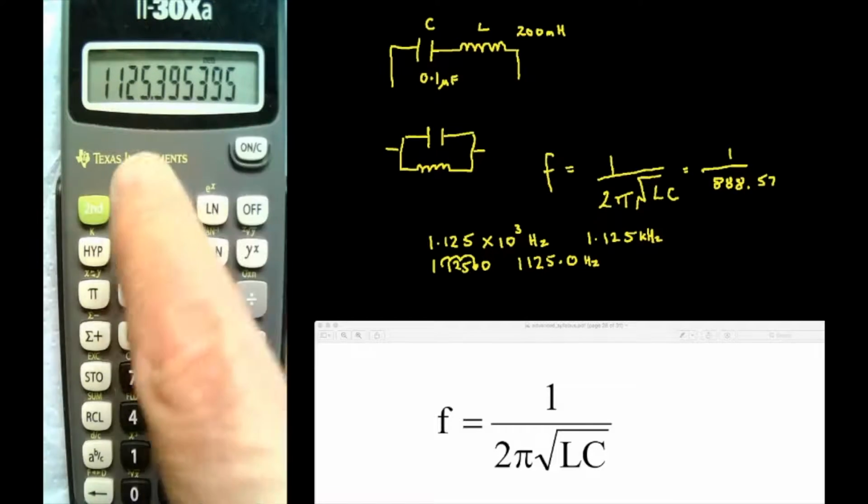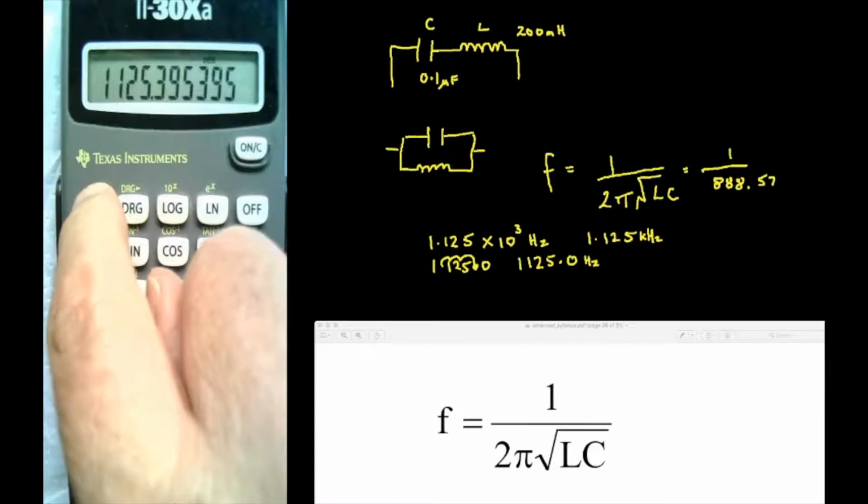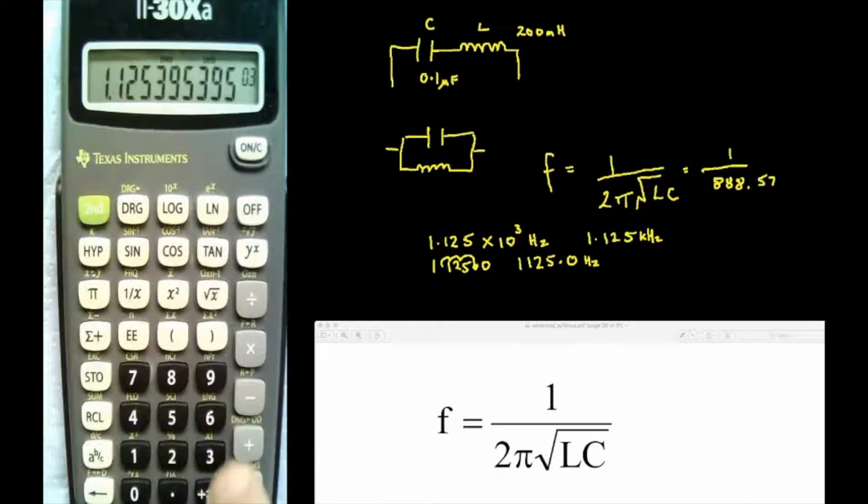So if I want to go back and see it in kilohertz, I press second function, engineering. So by going between second function float and second function engineering, I can see the result either in the base units or with the appropriate engineering multiplier, which will be a multiple of 3 and will correspond to one of those prefixes that we know and love.